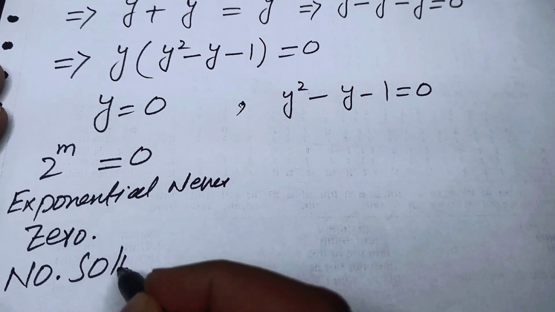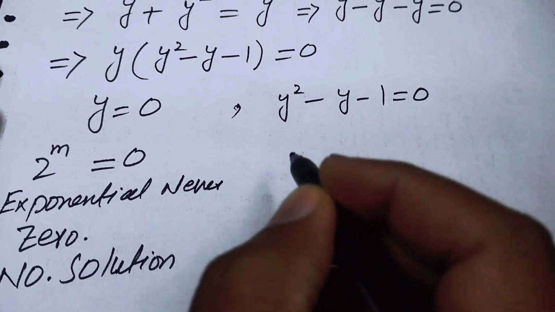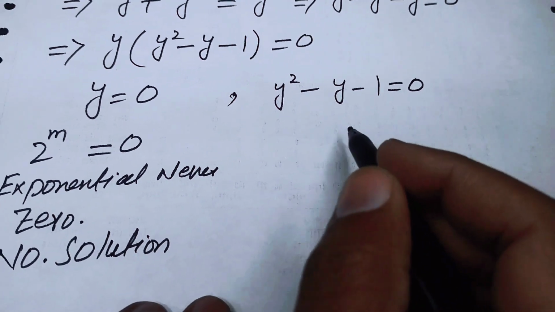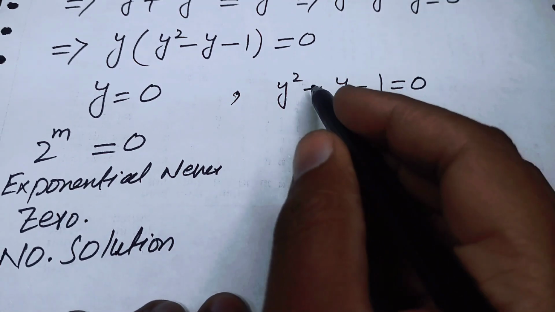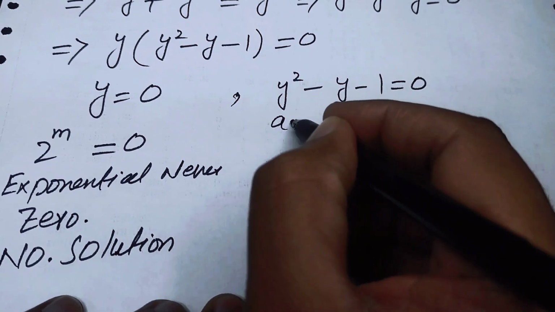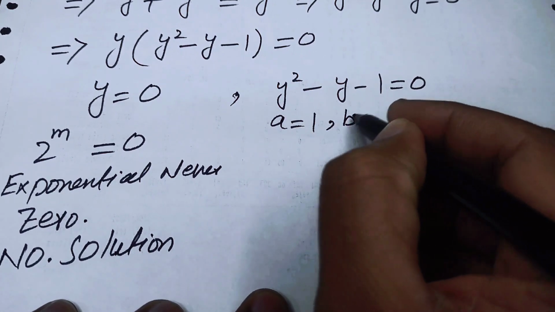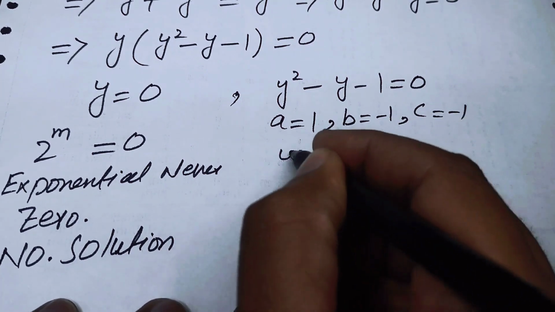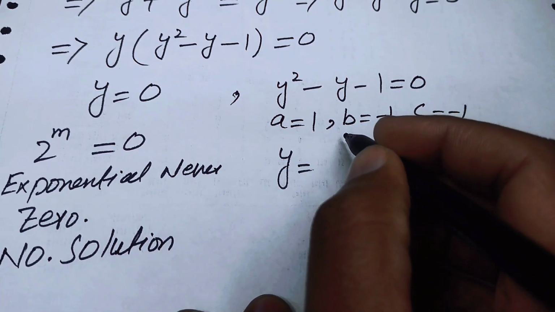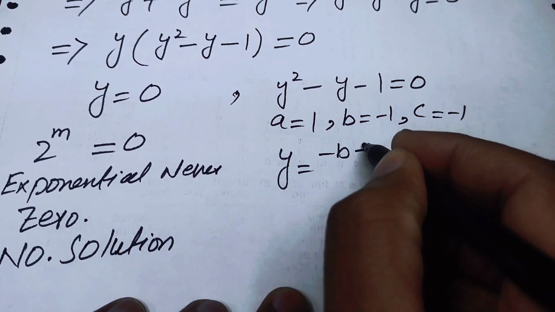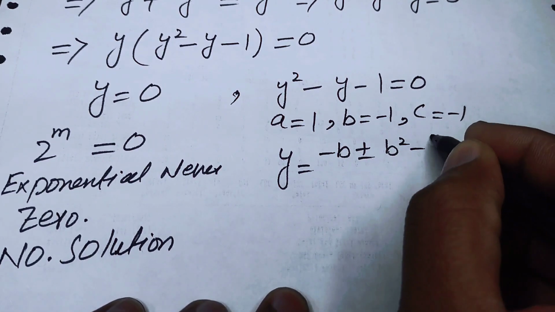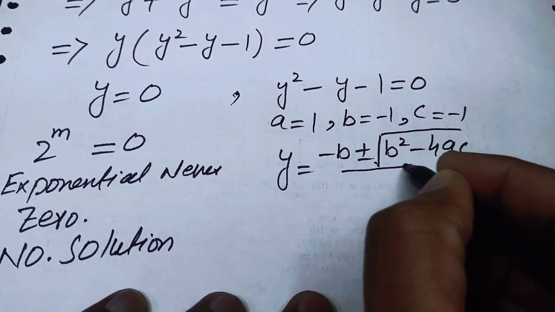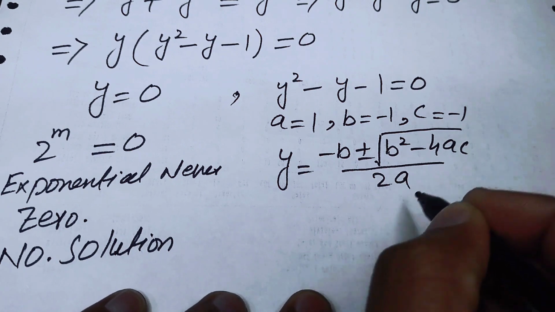Now we proceed with this expression only, where we can apply the quadratic formula. You know that the value of a is 1, b is minus 1 and c is also minus 1, and the famous quadratic formula is minus b plus minus square root of b square minus 4ac, over 2a.